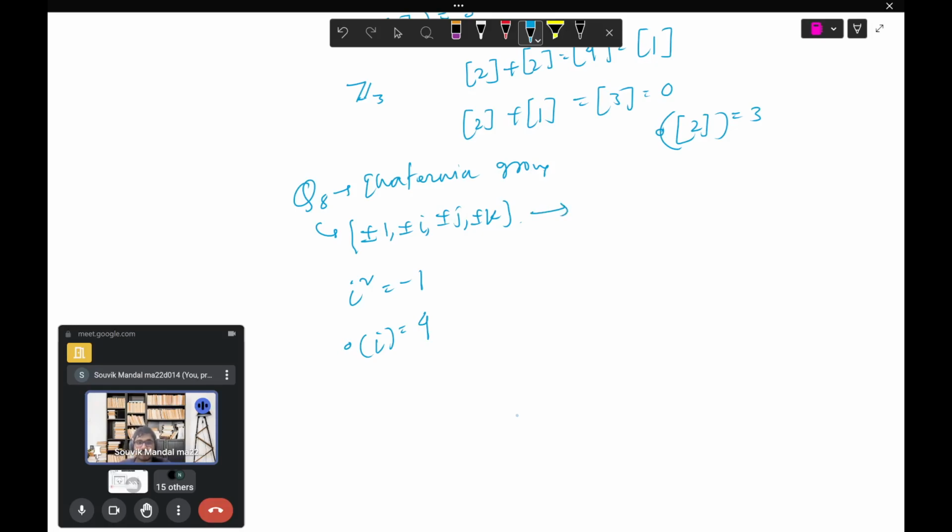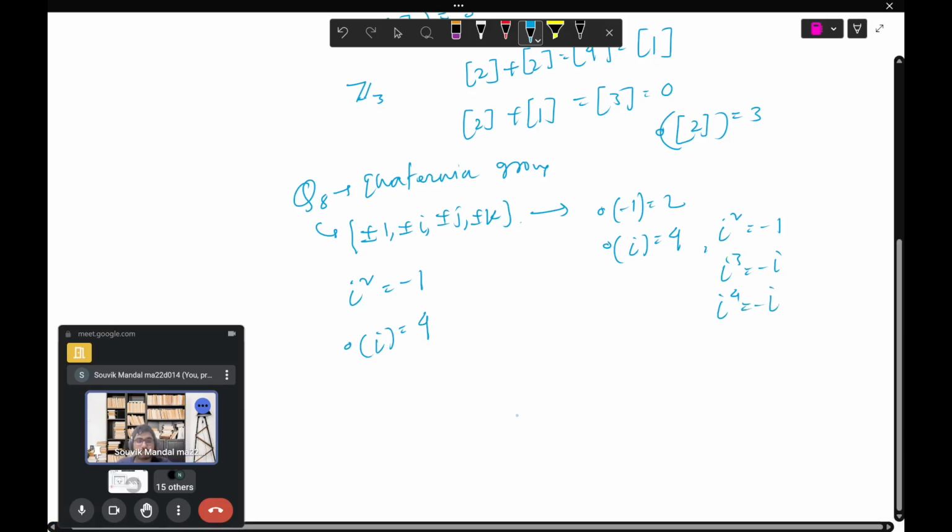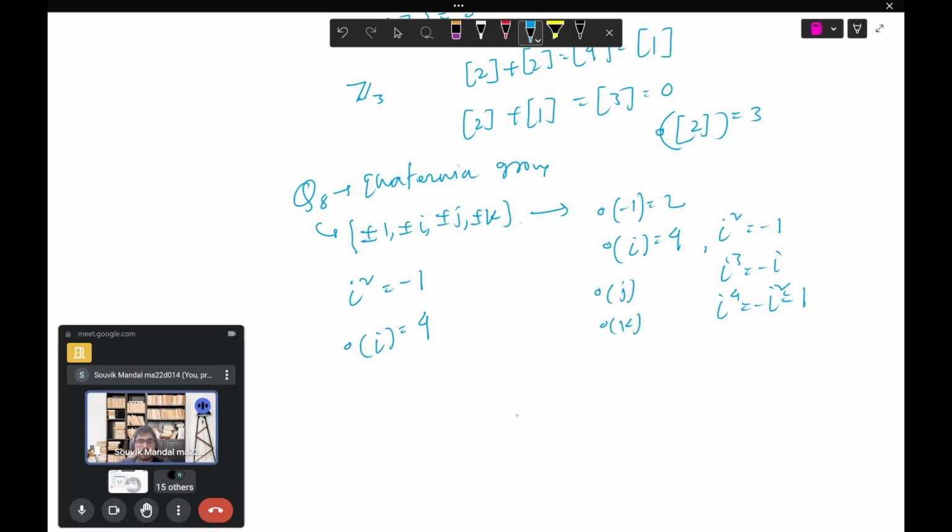So in this quaternion group Q8, the order of minus 1 is 2. For i, it is 4, because i squared is minus 1, i cubed is minus i, i to the fourth is minus i squared, so it is 1. So the order of i equals 4. Similarly, the order of j and the order of k are both equal to 4.